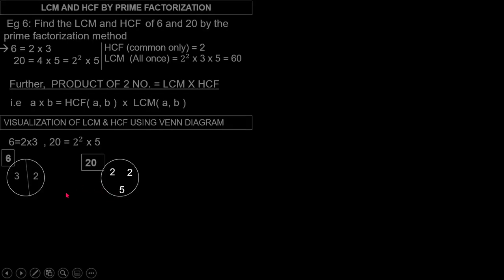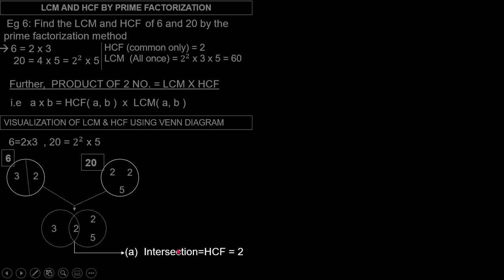Okay. So now let us see how to take HCF and LCM using a Venn diagram. See, 2 is common in both, so if we take their union, 2 will be a part of the intersection. One 2 is here, one 2 is here. Remaining 2, 5 we have written as it is, and remaining 3 we have written as it is.